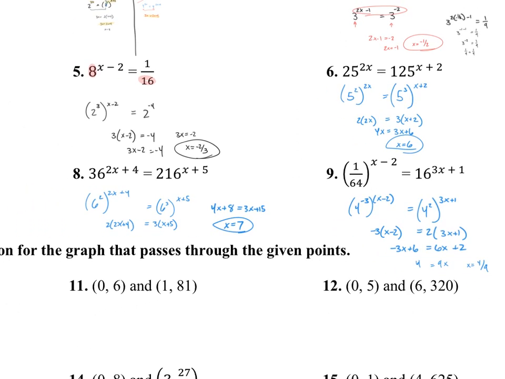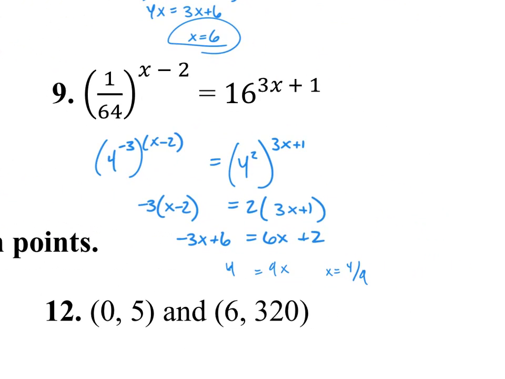Alright, so 6 and 8 were both pretty standard. On 6, the base was 5. On 8, the base was 6. On number 9, you actually could have done it 2 different ways. I chose to use base 4 and do 4 to the negative 3rd for 1 over 64. 4 squared for the 16. You also could have done it as powers of 2, though, and you would have gotten the same answer.